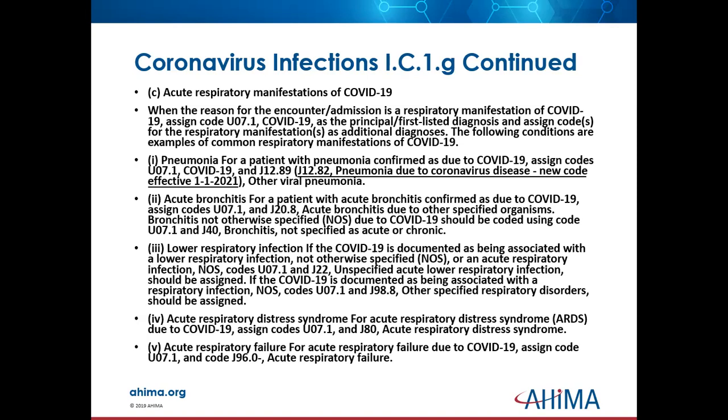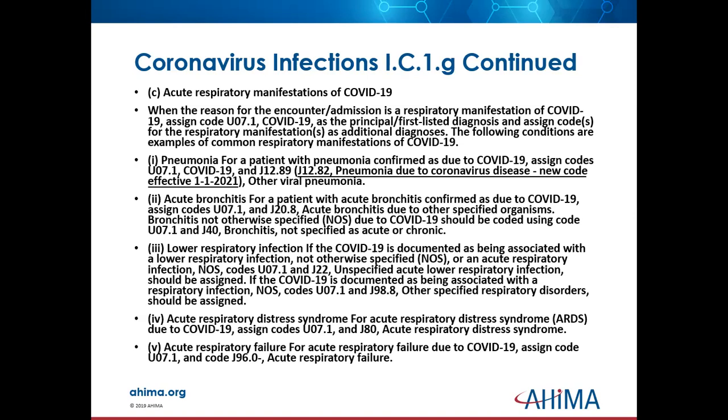When we have a lower respiratory infection, if COVID-19 is being documented, it would be the U07.1 followed by the J22. Any acute respiratory distress syndrome due to COVID-19, again, you guessed it, U07.1, followed by the J80 for the acute respiratory distress syndrome.